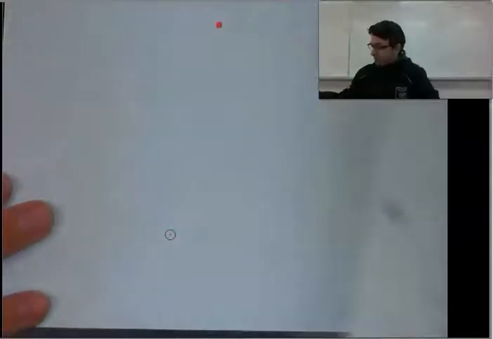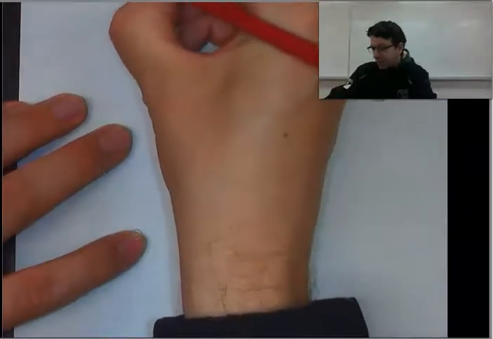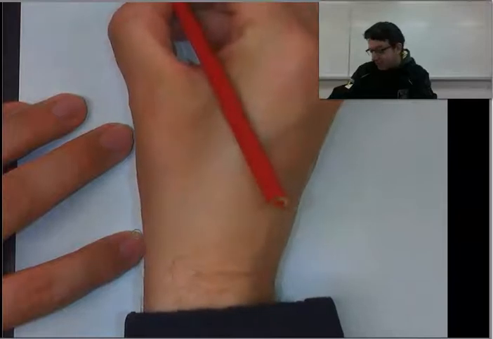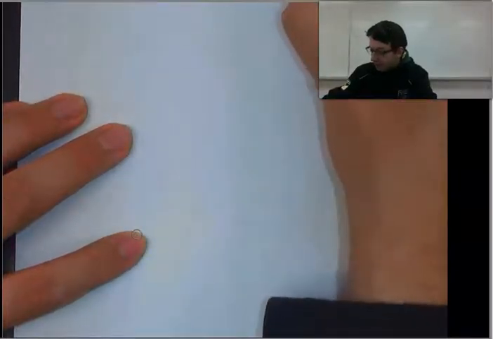Let me just go to a blank piece of paper here. I'm not too great at 3D drawings, but let's try to imagine we have a pipe.